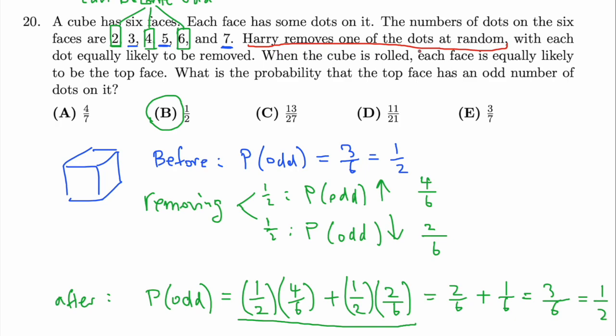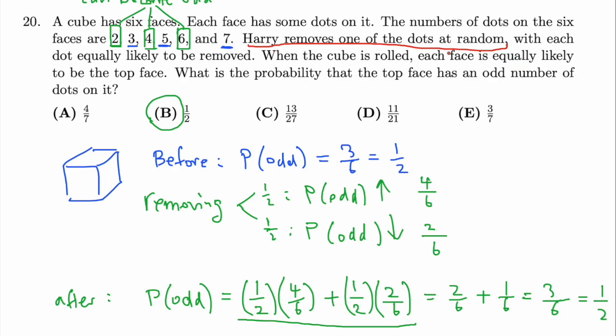So that's a totally different interpretation. What this means is that there are 27 dots, so 2 plus 3 plus 4 plus 5 plus 6 plus 7 is 27 dots. And he removes one of the dots at random, instead of picking a random face and removing a dot.